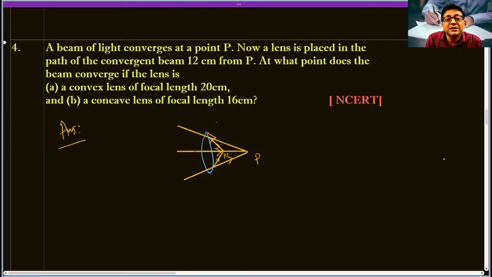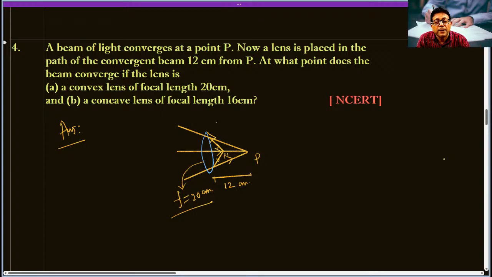If this is a convex lens, let us see the problem first. This one is 12 centimeter. And this convex lens has focal length f equal to 20 centimeter.